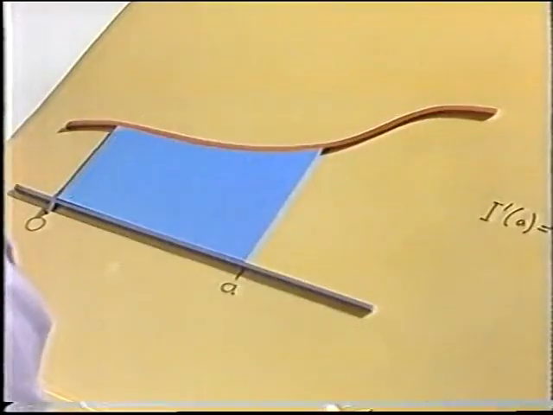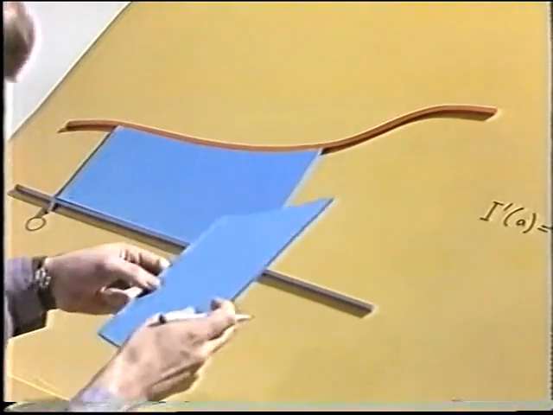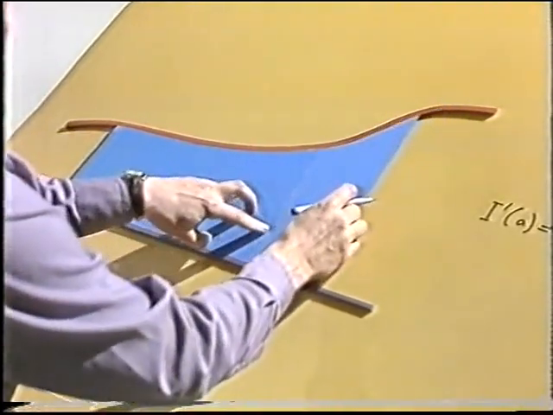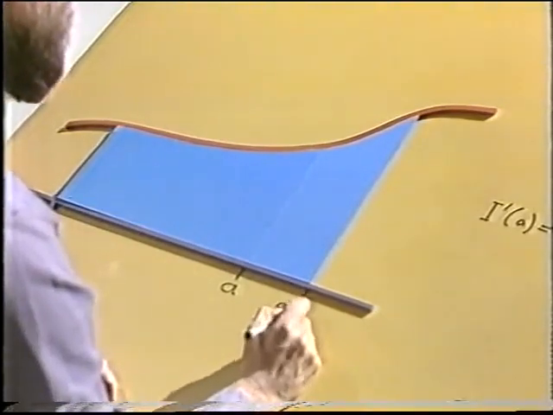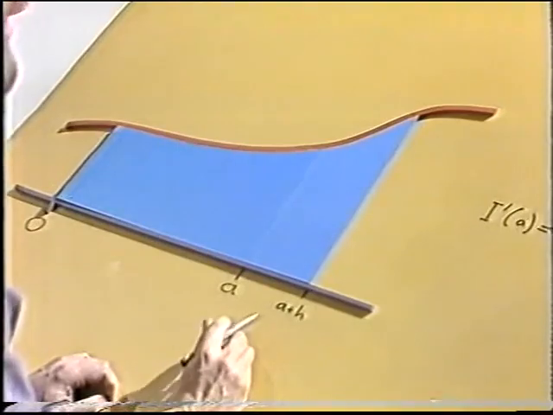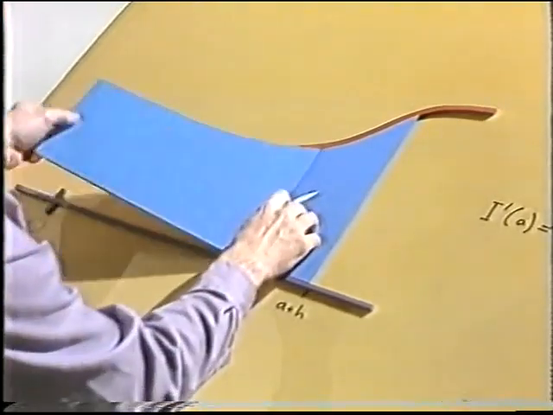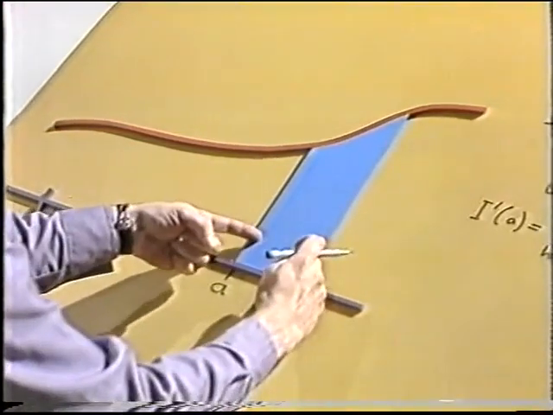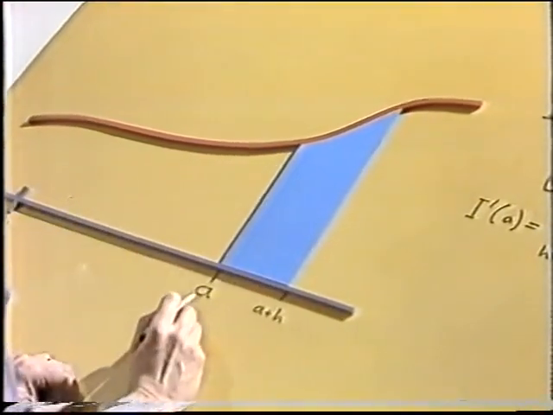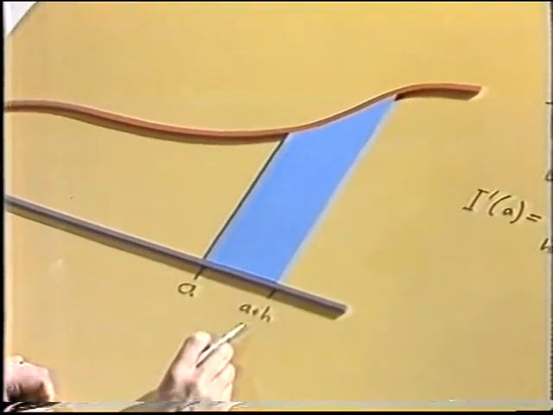Let's interpret that derivative on the diagram. I of a plus h is the integral up to here. Now we want to take away I of a, which leaves us with this, which is the integral from a to a plus h.